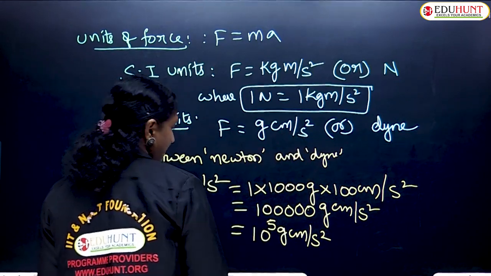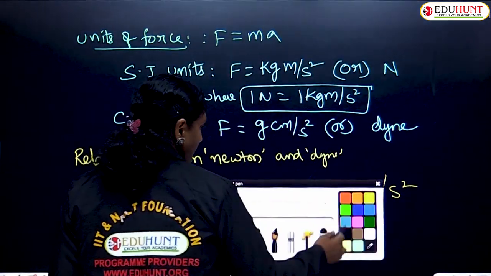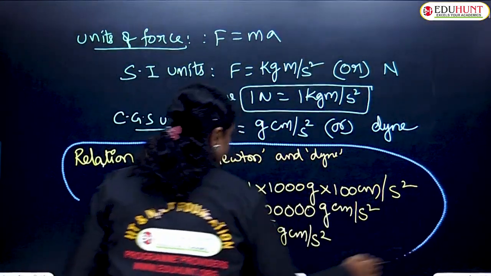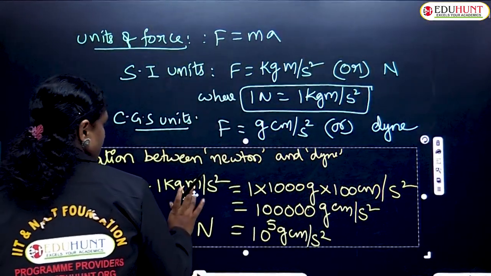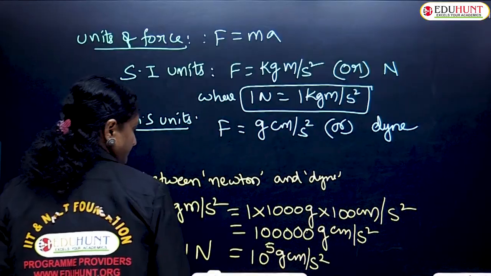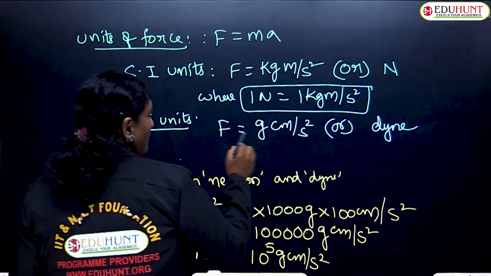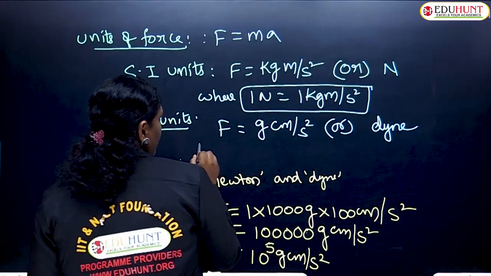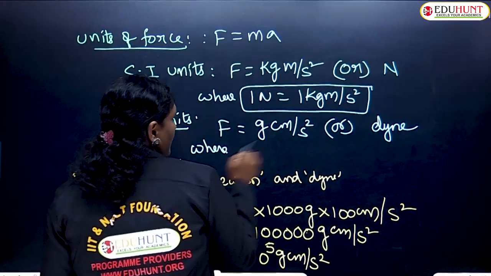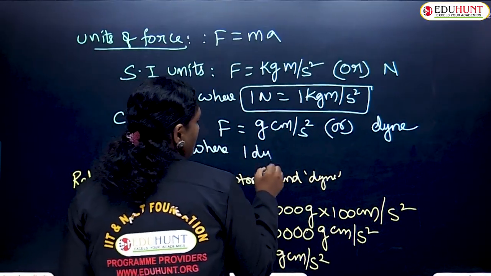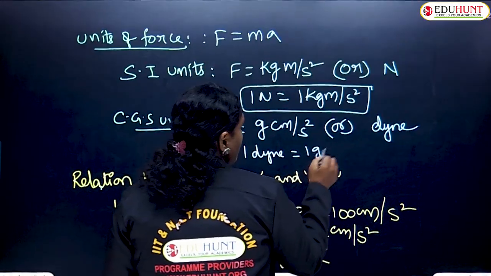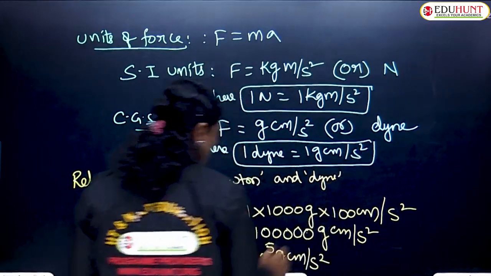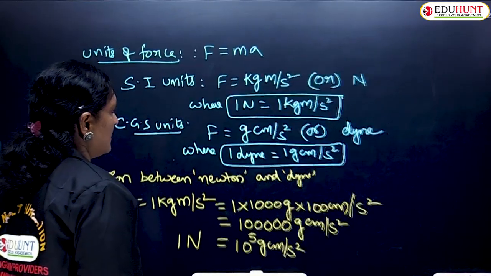Children, but what is this value? Here the force is nothing but 1 gram centimeter per second square, or 1 dyne. So clearly, what is the relation? 1 dyne is equal to 1 gram centimeter per second square.